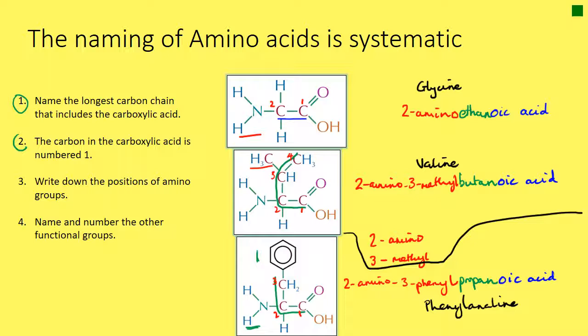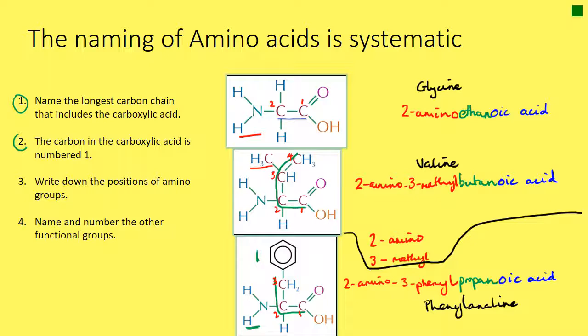So let's write the ethane like that. I've put it in a different color just to illustrate the different step. So this was the green step. Let's number our carbons. This will be number 1 and this will be number 2. Now we have to write down the positions of the amino groups.